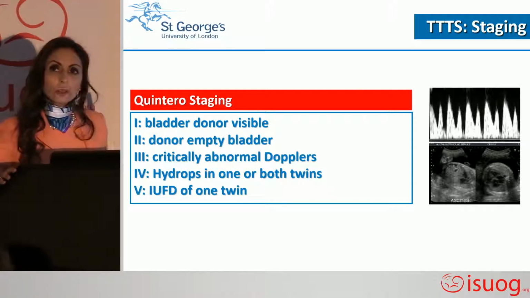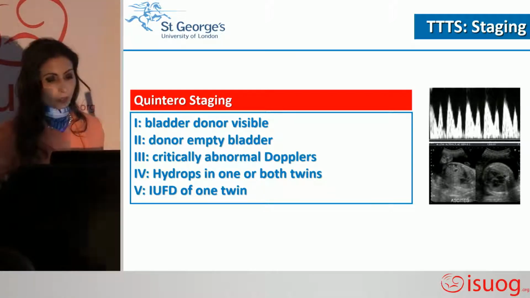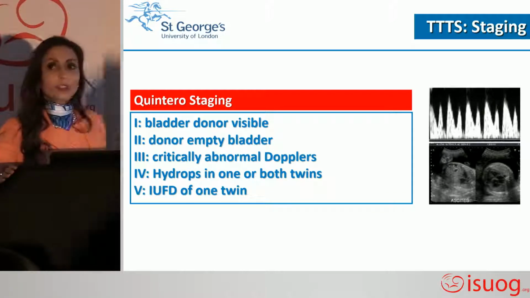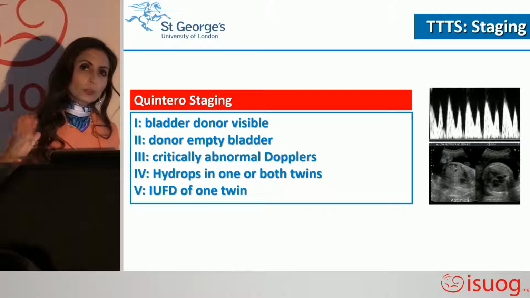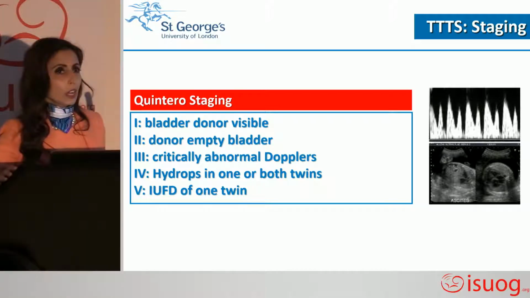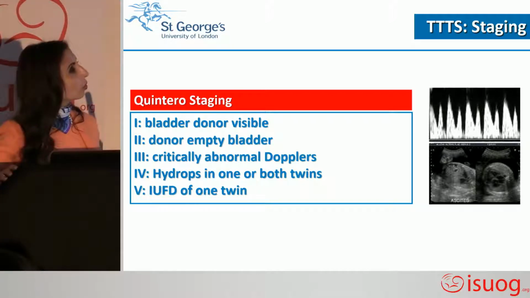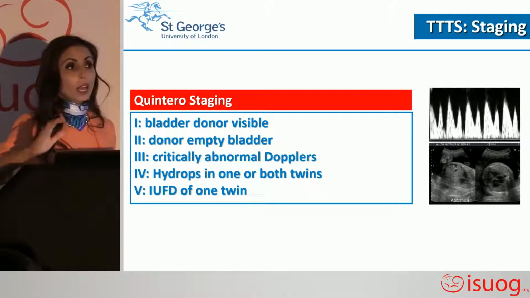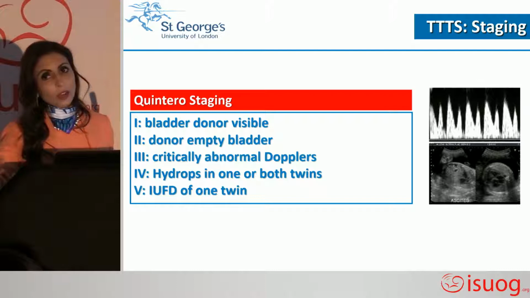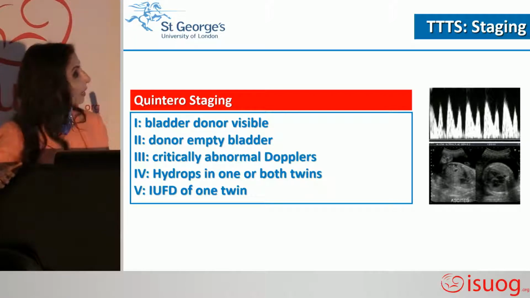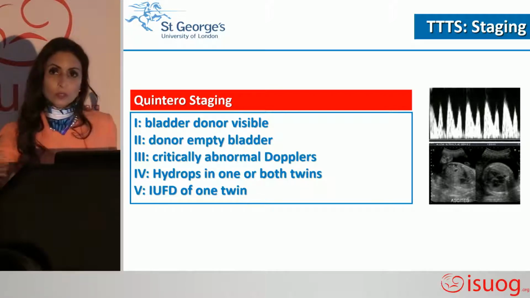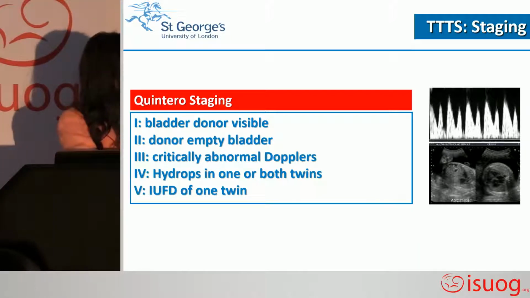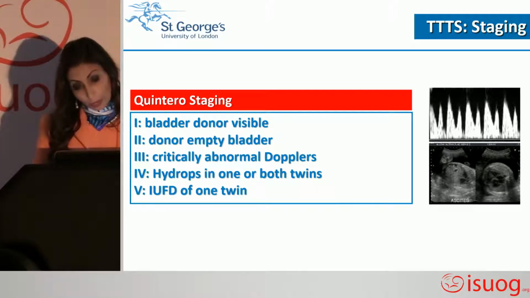Stage 3, when you start having abnormal Dopplers in either the donor or the recipient. Often the donor will have an abnormal umbilical artery Doppler, whether absent or reversed end-diastolic flow, while the recipient often will have abnormal ductus venosus Doppler, whether high PI or absent or reversed A wave. Then stage 4, more advanced, when you have hydrops of one or both babies, and stage 5 when you have intrauterine demise of one of them.